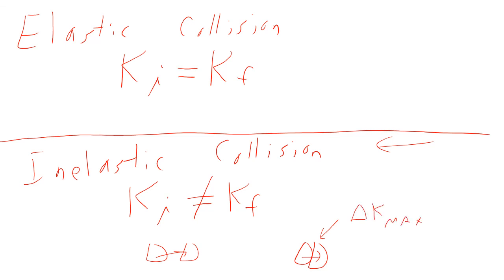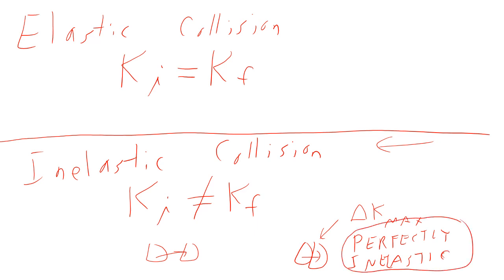Okay, and in that case, we call it a perfectly inelastic collision. So a perfectly inelastic collision is when the two objects stick together. That's the example that we just did. And in that case, the final kinetic energy was, in fact, less than the initial kinetic energy. And so there's your special case right there.